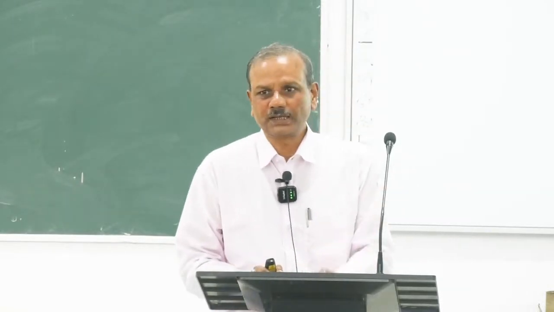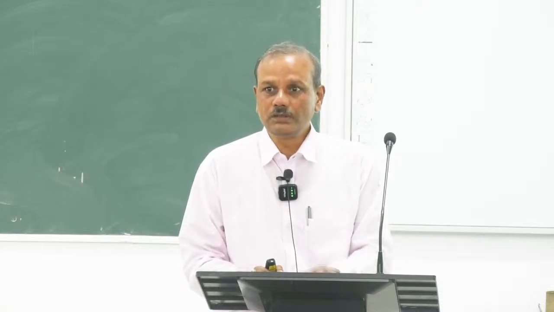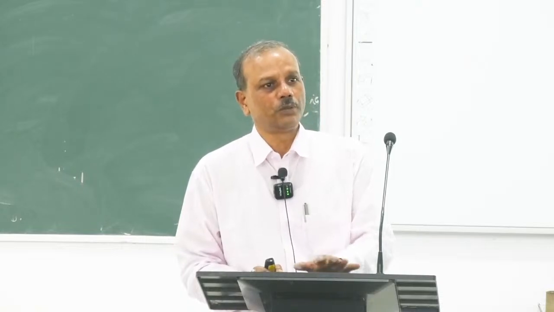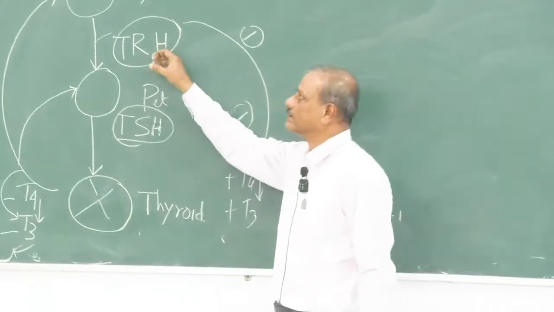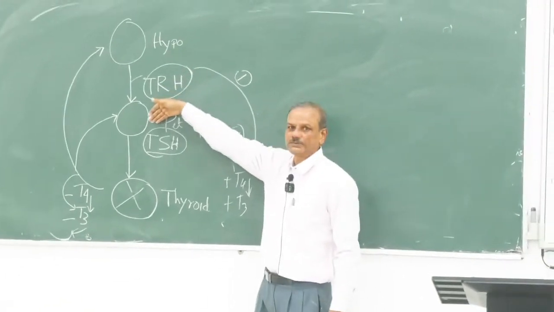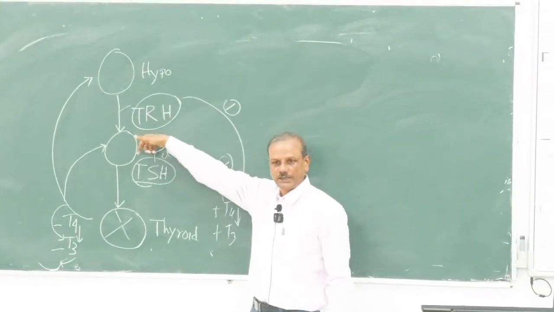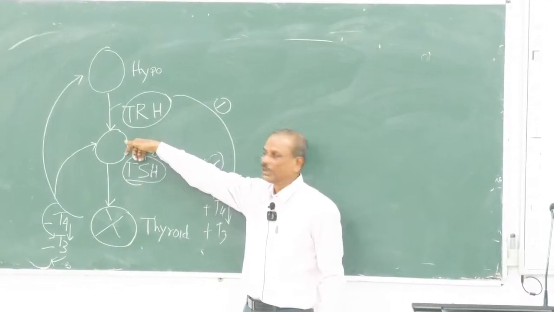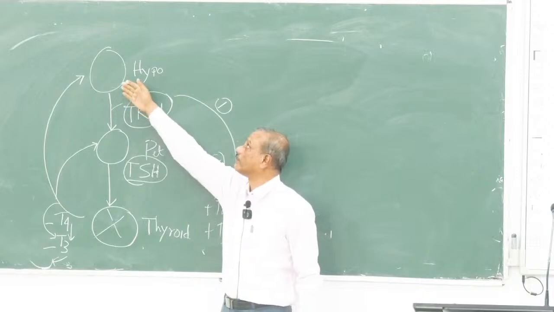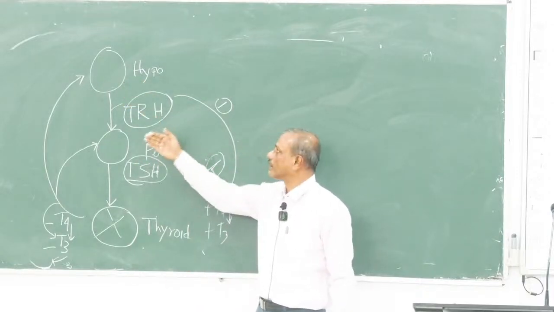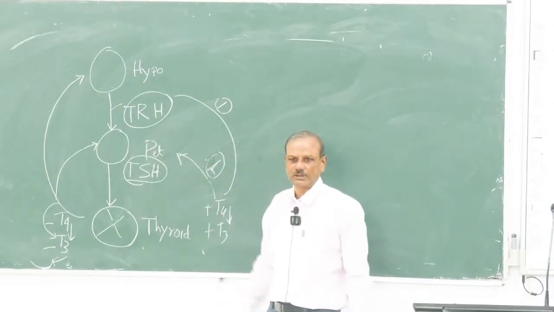Now, it is very difficult clinically to differentiate between hypothalamic and pituitary hypothyroidism. So, the TRH test, if you give... How will you determine whether the hypothalamus is working or not working, or the pituitary is not working, because TSH is not present?